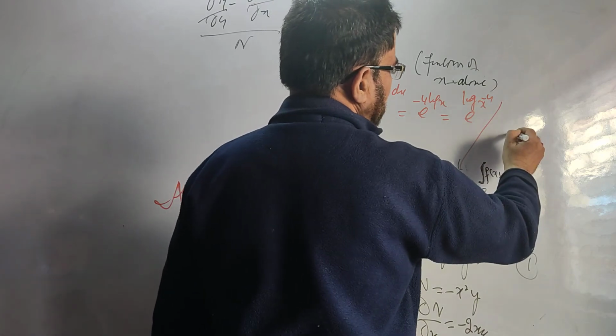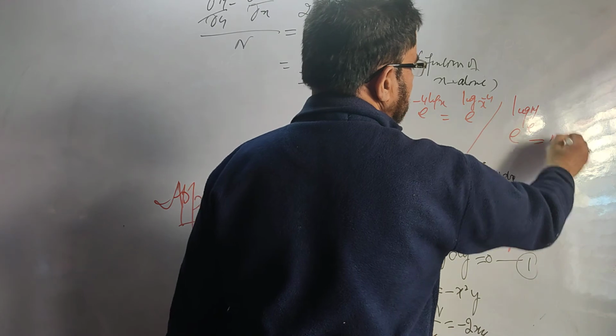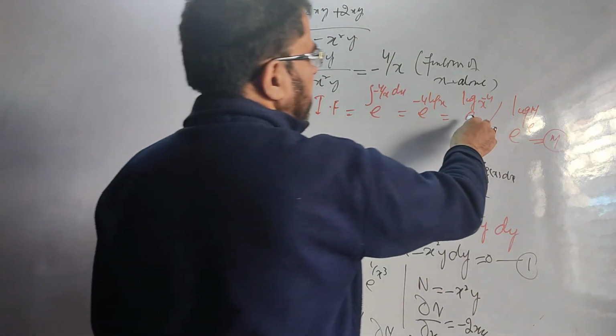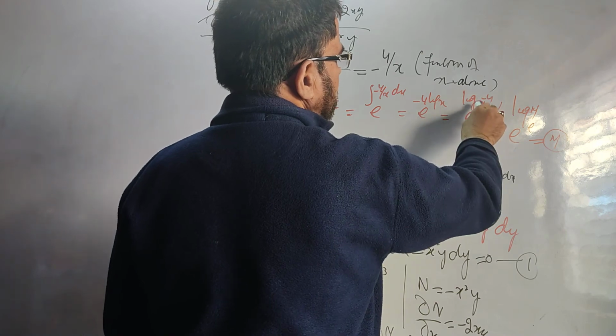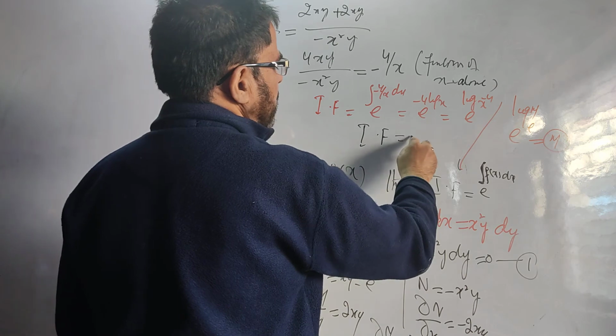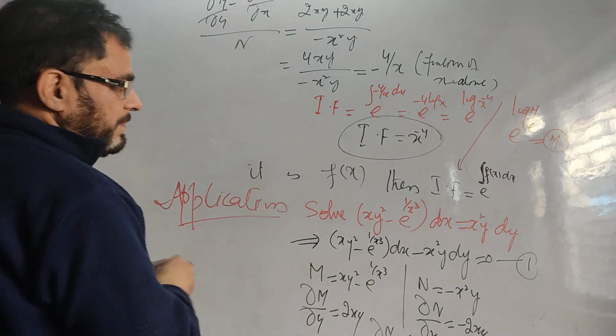You know, when you have e raised power log m to the base e, what is this? Simply m. You know this formula? So e raised power log of x raised power minus 4 to the base e is this. So our integrating factor is simply x raised power minus 4.